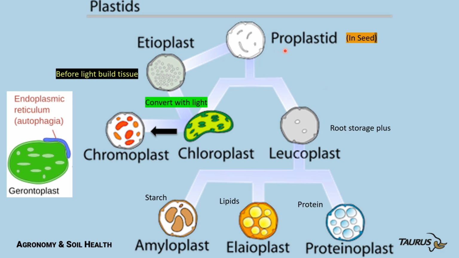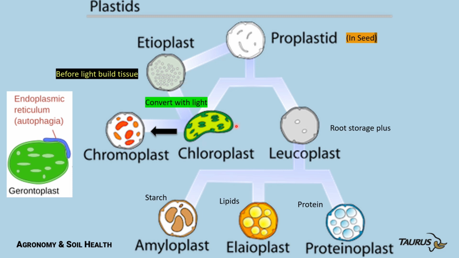The proplastids are sort of the base, in other words, the stem cell plastid. From that, it produces etioplasts in plants, which are there before the plant germinates. And they're the precursor to the formation of the chloroplasts. Once the plant cells get above ground, these etioplasts convert to chloroplasts.